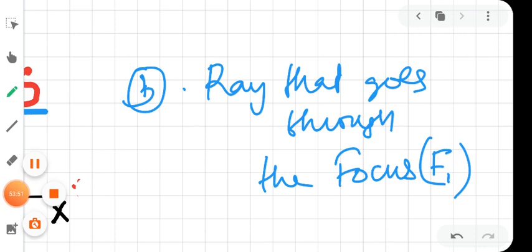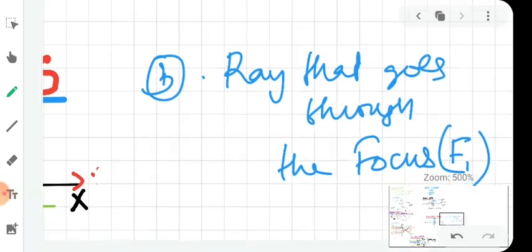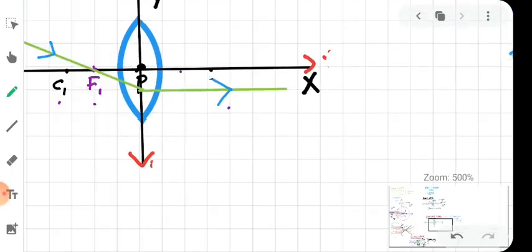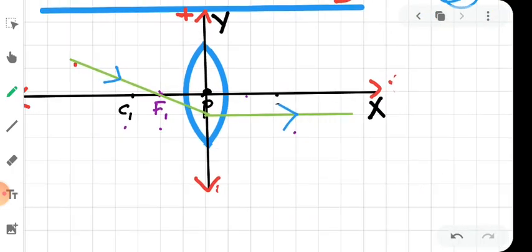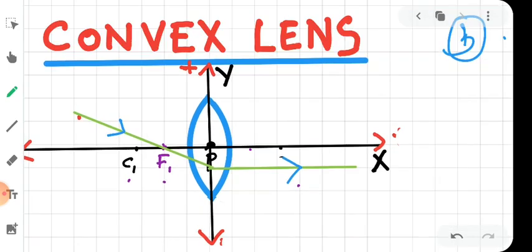So these are the three rays to go with. In fact, there is a fourth one which seems to be a bit more complicated, which I am not going to teach you. So based on these four rays, we will be drawing the ray diagram for these lenses.